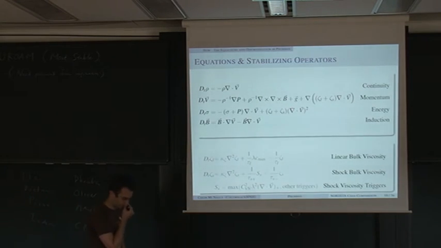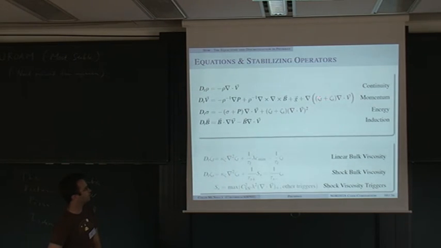So now to come up with something that's stable, what we need to do is put some sort of dissipation in at the fine scales. And this took a little bit of experimentation, and this is just the thing that we found that sort of works. We've added two viscosity terms here in the momentum equation, and then the matching thing in the energy equation.